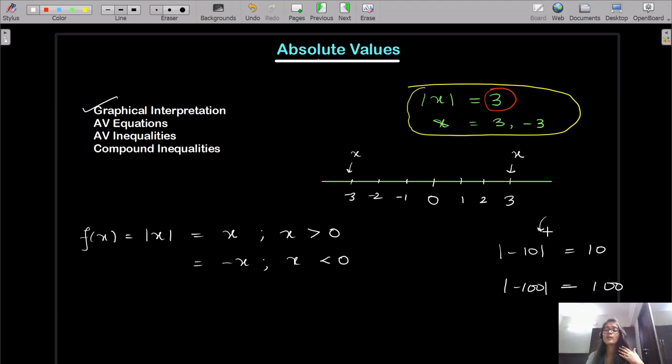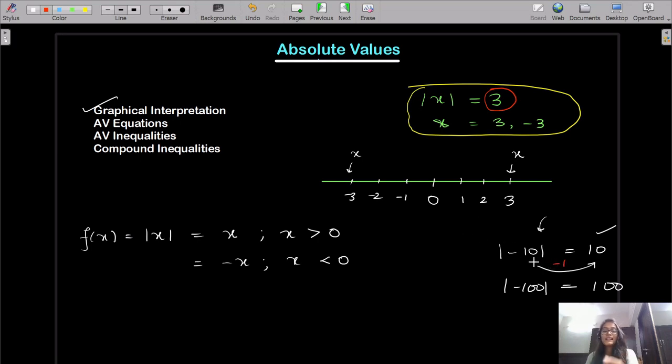Because here I'm talking about what is the distance of negative 10 from 0? Well, it's positive 10. What is the distance of negative 100 from 0? Well, it's positive 100. So how is this negative 10 becoming a positive 10? Well, if you have to make a negative number into a positive number, then you have to multiply it by negative 1.